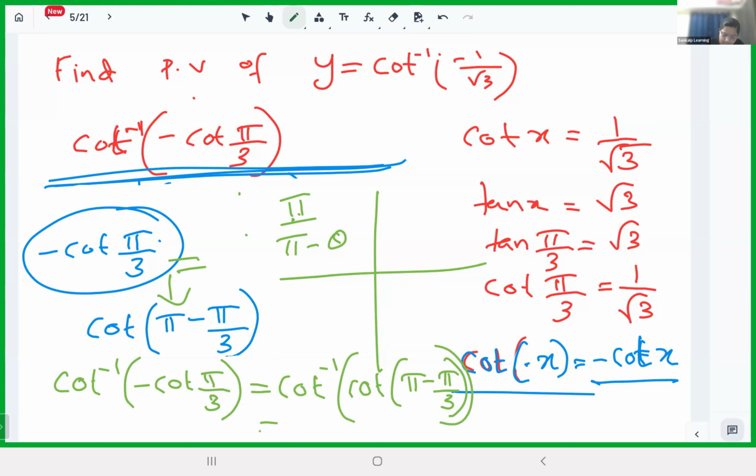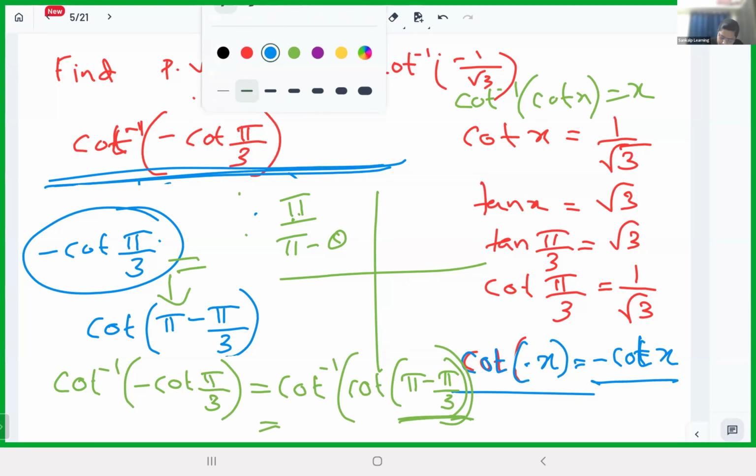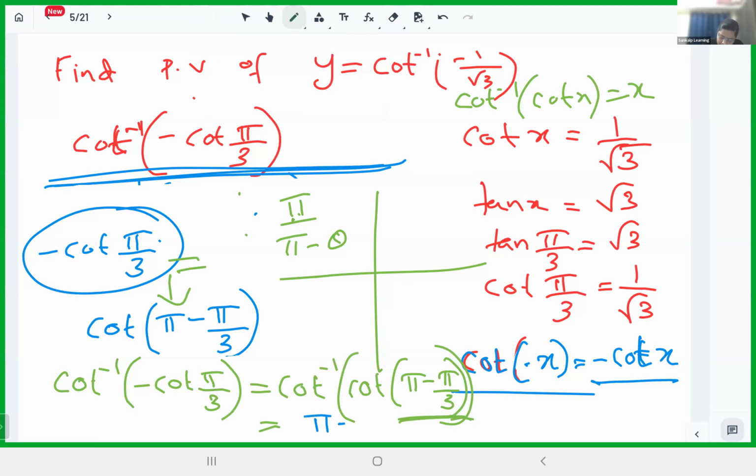And if we apply the property cot inverse of cot x is equal to x, what will be the answer here? In the place of x, you can see that it is pi minus pi by 3. And what is the value of pi minus pi by 3?